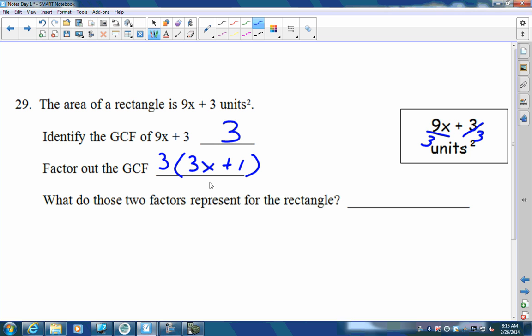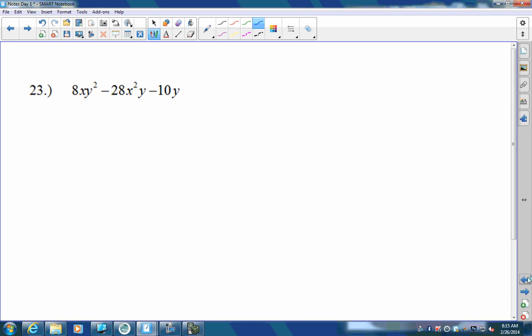Once you factor out your GCF and you've got this here, when it says what do those two factors represent? They represent the dimensions of the rectangle. The dimensions meaning length and width. Okay, so when it gives you the area and after you factor them out, that's what's giving you the length and the width.